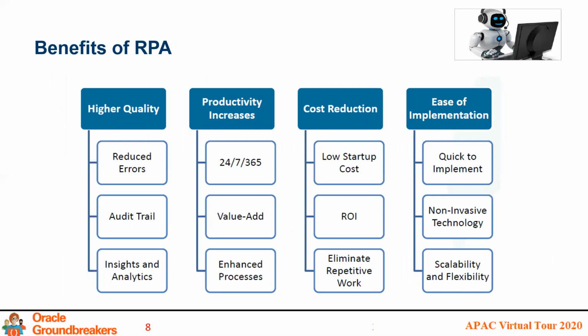Cost reduction: low startup cost. Developing a bot application is very simple. It's not that complicated, and you will get a return on investment, and you can eliminate repetitive work. Rather than users working on repetitive tasks, we can automate so that the bot can perform those tasks.